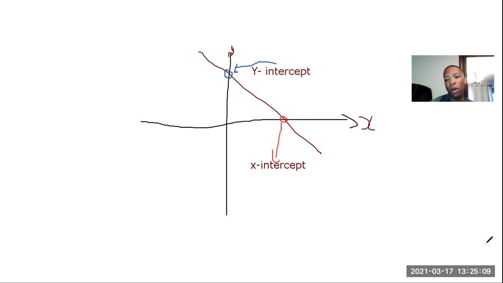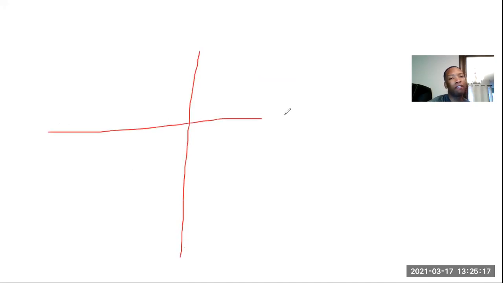And now let's talk about the increasing and decreasing. Remember when we're reading graphs, we read from left to right. So if I have a graph that is that way, and I'm going from left to right, how do you say that in Spanish?